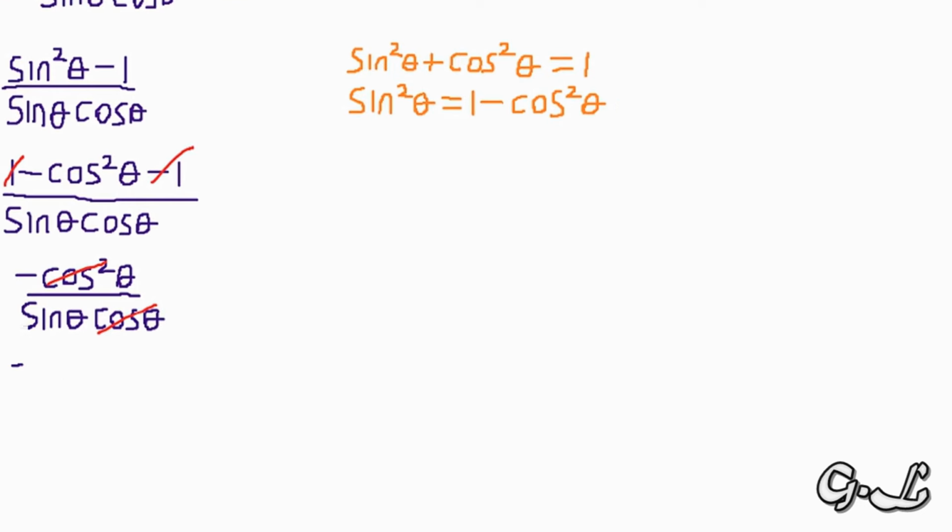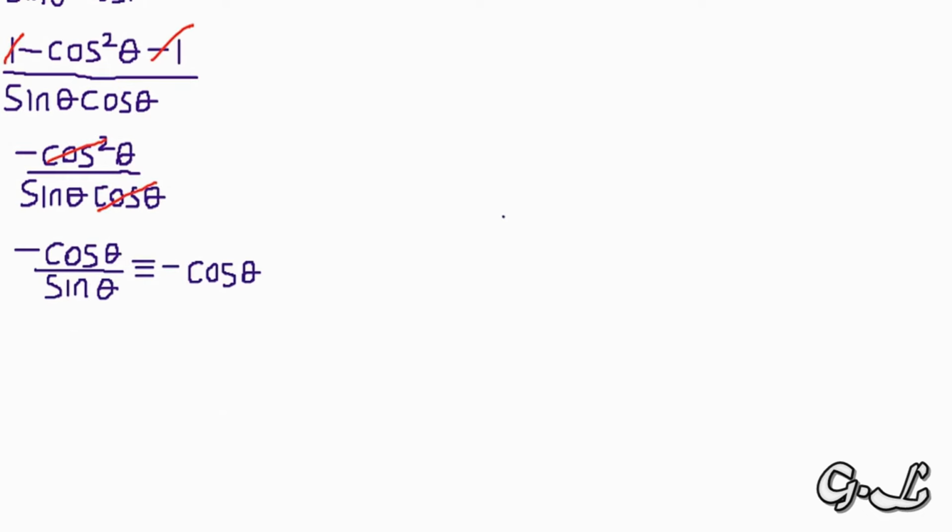So it will simply be negative cos theta over sine theta, and then that is equivalent to negative cos theta according to the question.